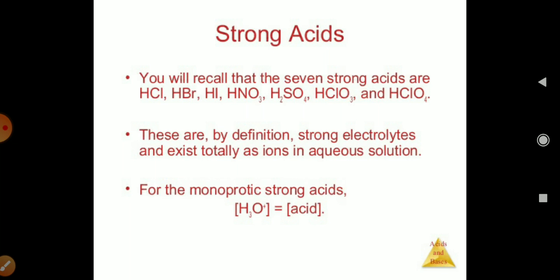Now, what are the strong acids? Here we discuss the seven strong acids: HCl, HBr, HI, HNO3, H2SO4, HClO3 and HClO4. These are strong electrolytes and exist totally as ions in aqueous solution.